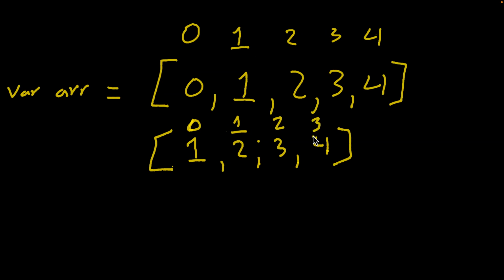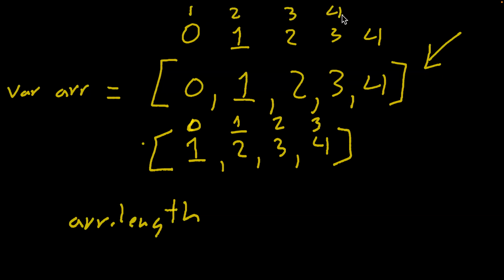Okay, now if I were to say r dot length, and I'm looking just at this first one here, not the second one I wrote, what is the length of our original array here? 5. Okay, so that means we are counting 1, 2, 3, 4, 5.